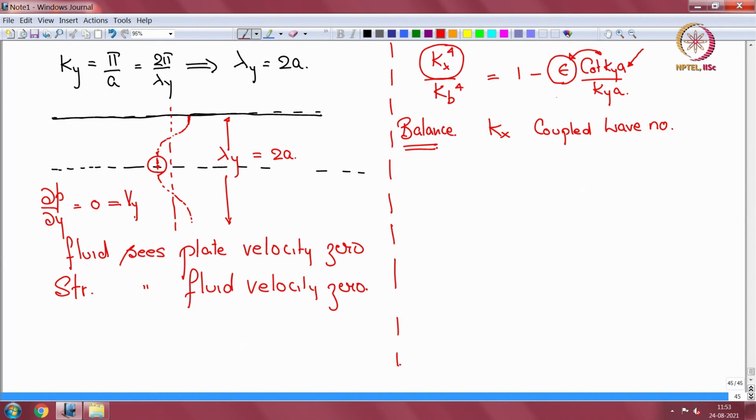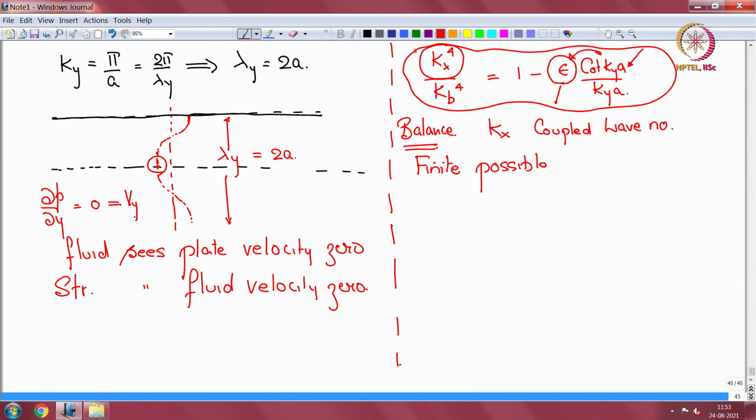The epsilon, which is a small parameter, will balance out the blowing up of this cot term, so that this equation can be balanced. So there is a finite possible value of kx.